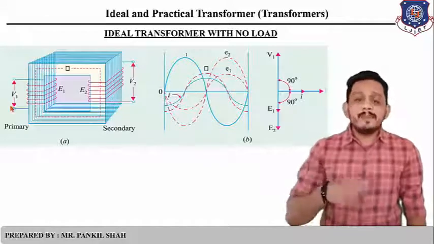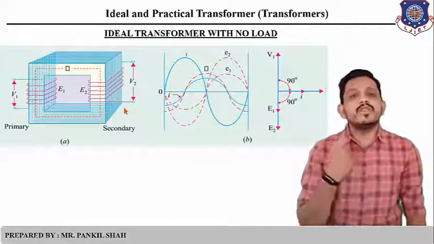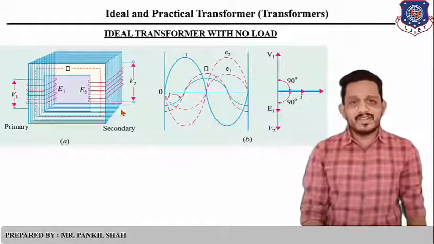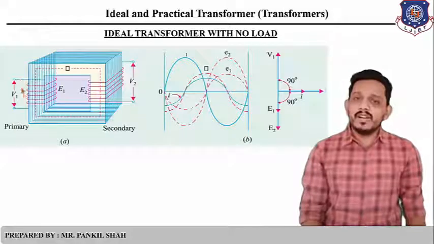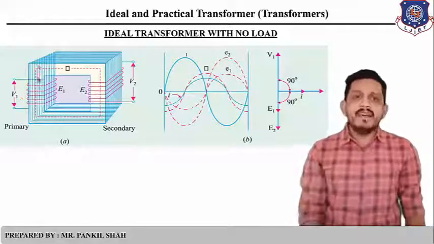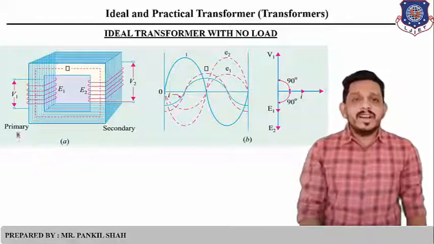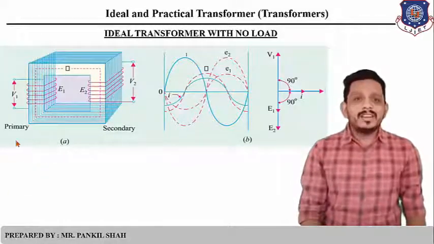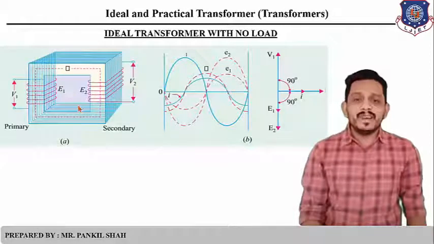V1 is the applied primary voltage to our transformer and V2 is the output voltage at the secondary. Due to this voltage, some amount of current will start flowing through the primary winding, and phi is the flux produced by this primary winding. In this magnetic path, the flux produced by the primary winding links with the secondary winding.